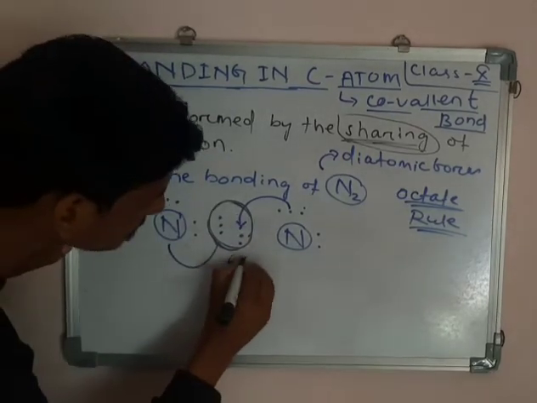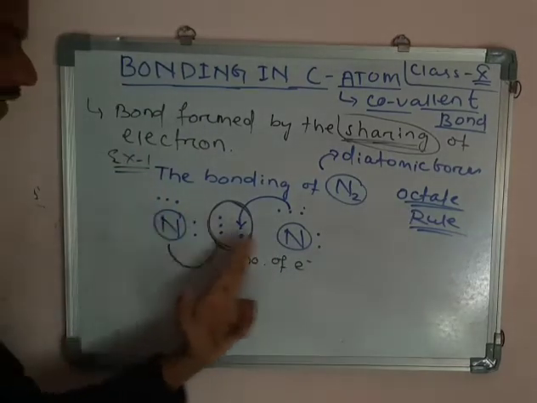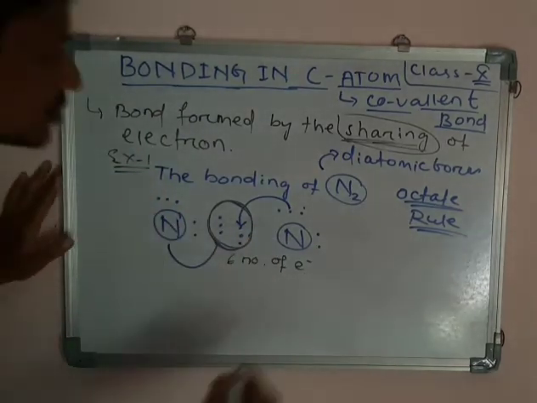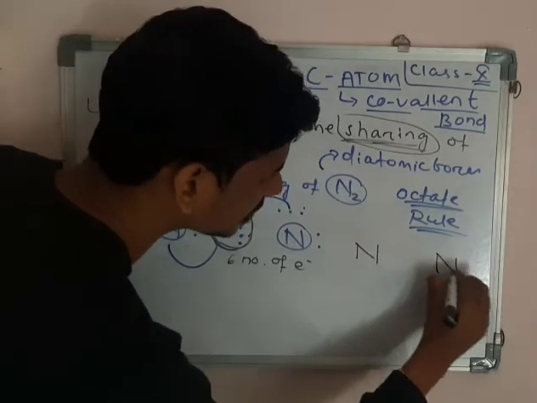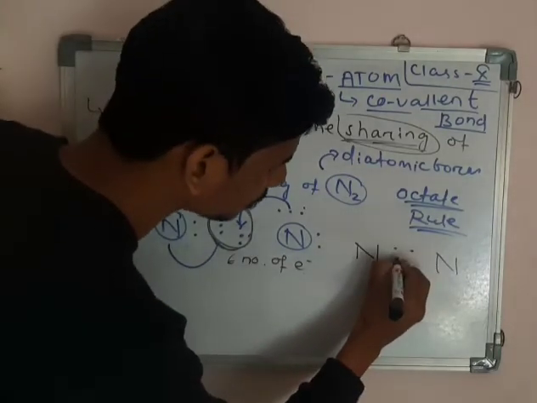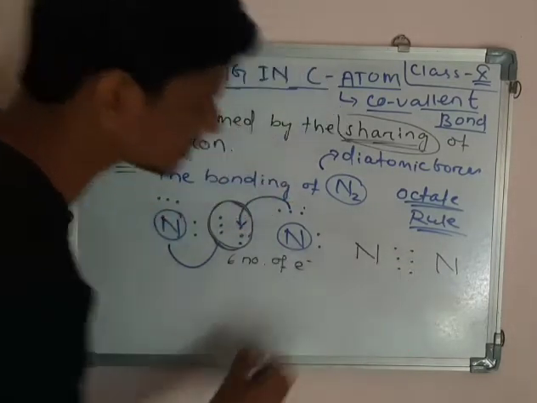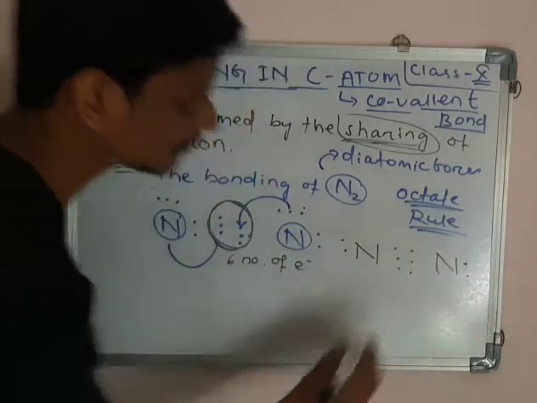Total 6 electrons are shared in between these two nitrogen atoms. 6 electrons will share, 2, 4, 6, and the lone pair remains here.